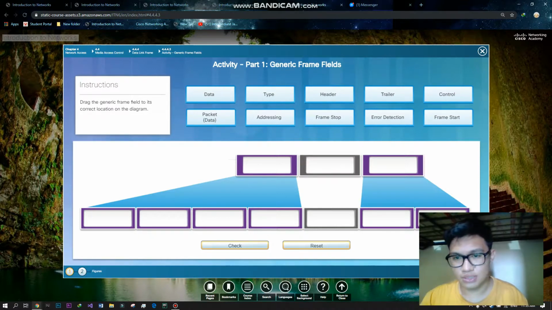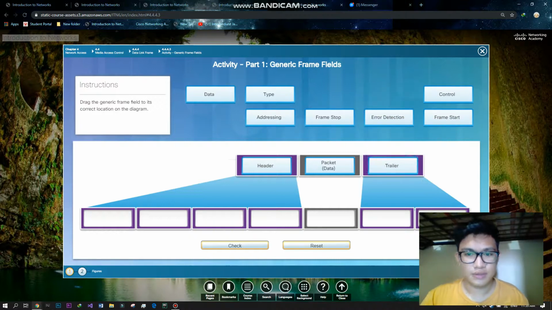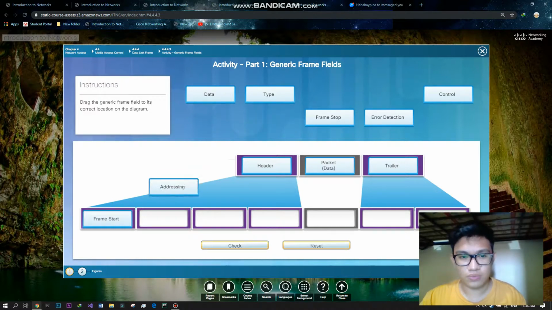So in this tree is the header, the packet data, and the trailer. So this is the header. In this process, of course, you will need to start the frame, which is part of the header, and the next one is the addressing of which and how and when, and the next one is the type of data or frame and the control.